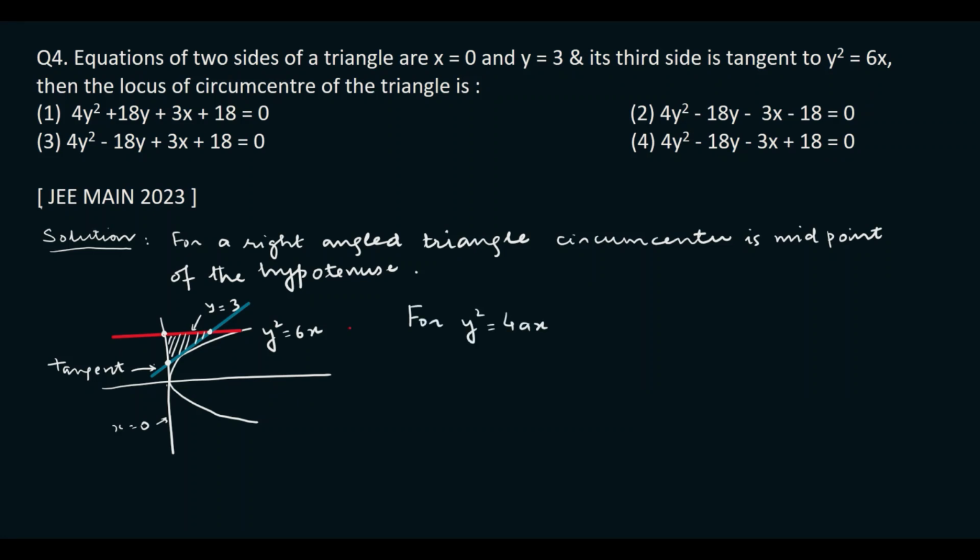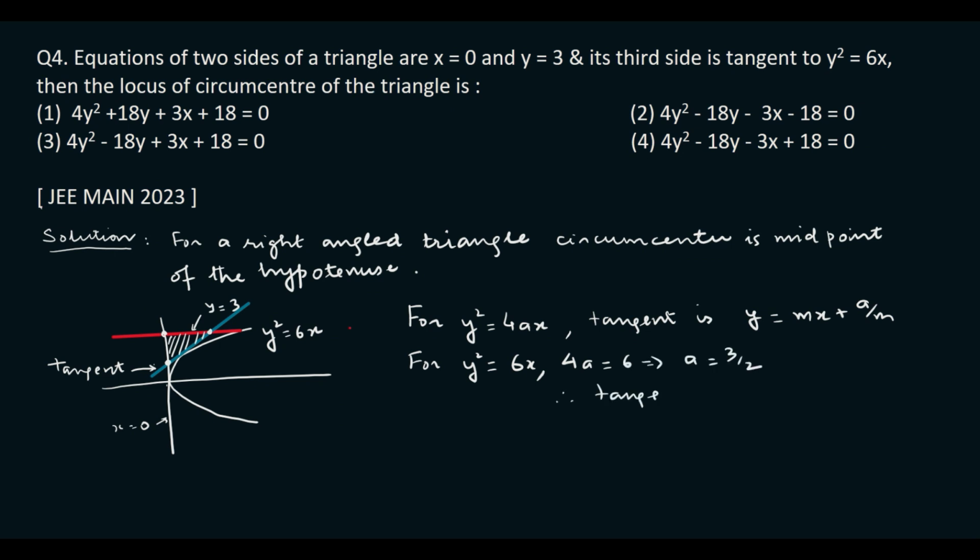Now for y square equal to 4ax, the tangent is y equal to mx plus a by m. Now 4a is 6, so a is 3 by 2. So we can now write the equation of the tangent as y equal to mx plus 3 by 2m, replacing a by 3 by 2. So this is the equation of the tangent that we have found here.